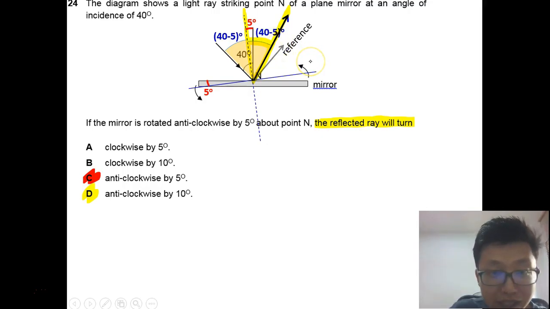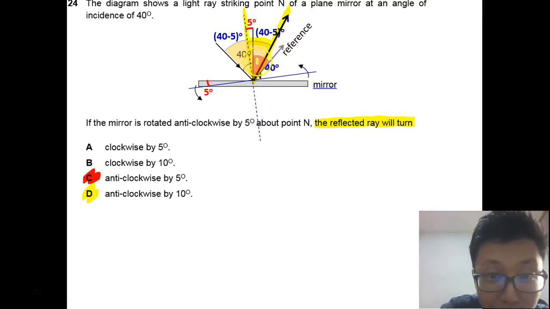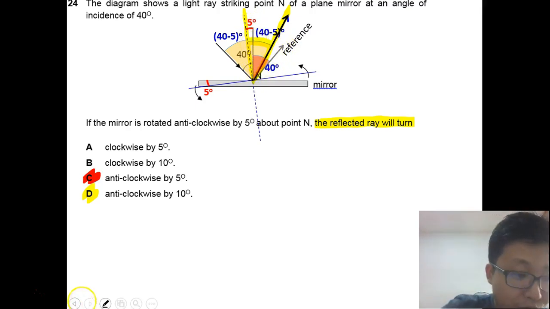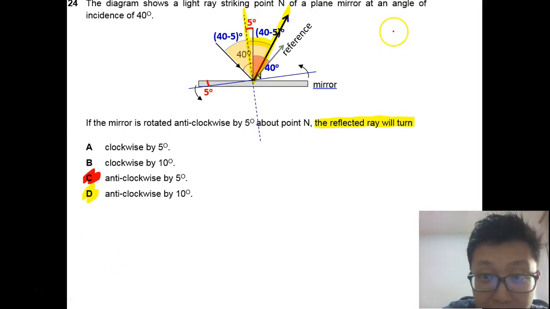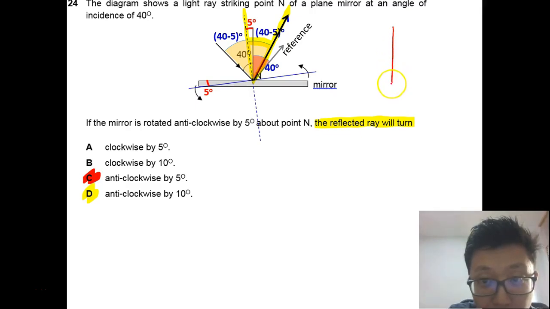So how do you do this? You have to use a bit of geometry and imagination. Can you see this part here? So this red color angle is the old reflected ray with the old normal, which is here. So if you blow it up, you would have the old normal with the old reflected ray.